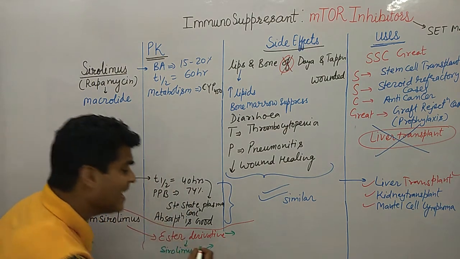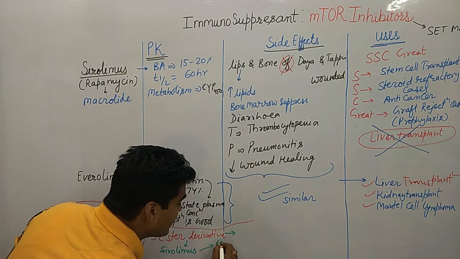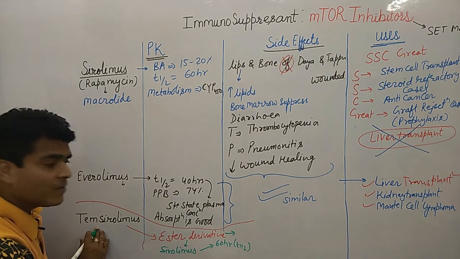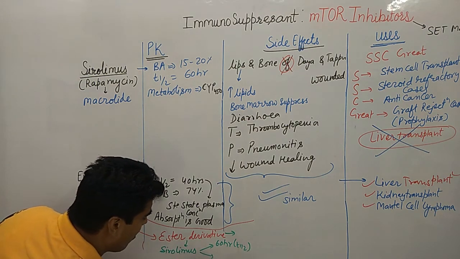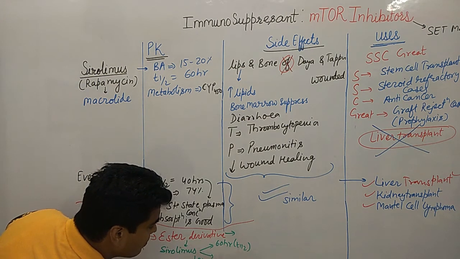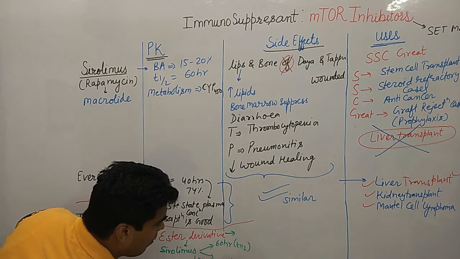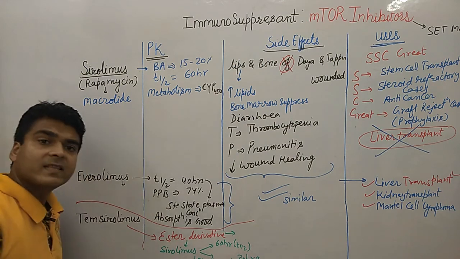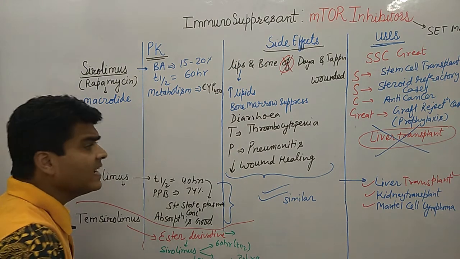Sirolimus has a T half of almost 60 hours, and temsirolimus has a T half of 30 hours. So that is the variability in the T half.